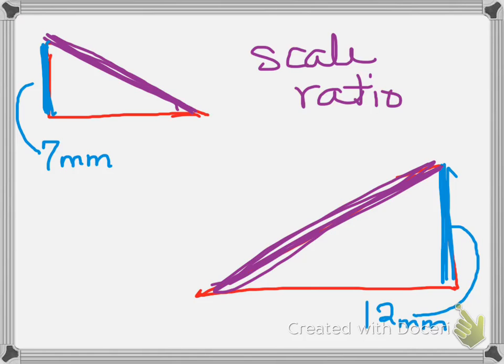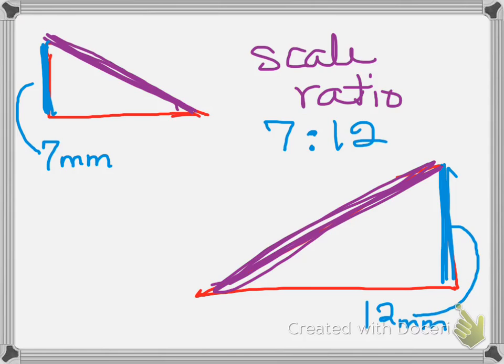Now, to find the scale ratio, since you have the measures of two corresponding sides, you just write those measures down. There's your scale ratio, and you try to reduce it if possible, but in this case you can't reduce it, so that's your answer.